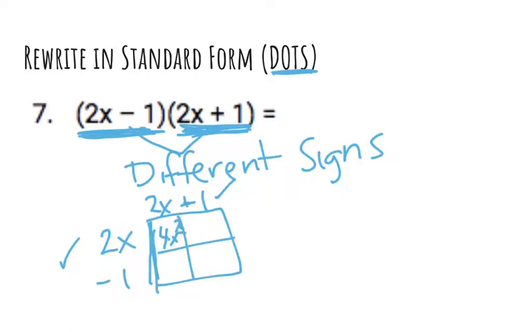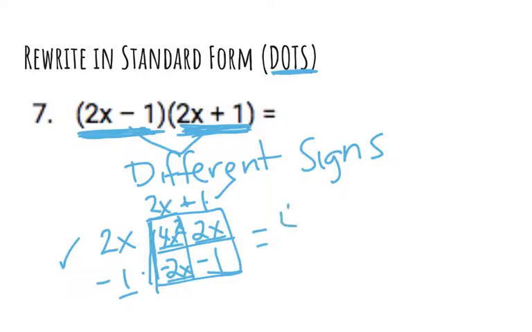Okay, all right, now I'm looking here. 1 times 2x gives me a positive 2x. Negative 1 times 2x gives me a negative 2x. And 1 times negative 1 gives me negative 1. All right, so to find the standard form, what I'm going to do is I'm going to write out all of the inside areas and combine any like terms.